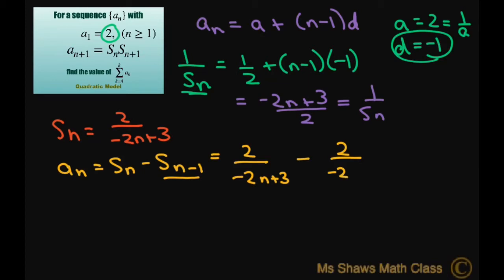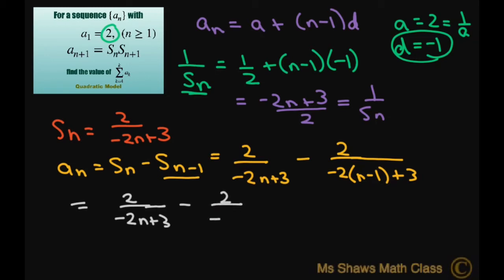So you have negative 2 times n minus 1 plus 3. This simplifies to 2 divided by negative 2n plus 3 minus 2 divided by negative 2n plus 5. Now, if we want, we can rewrite this a little better too, and I'm going to do it on the next slide.